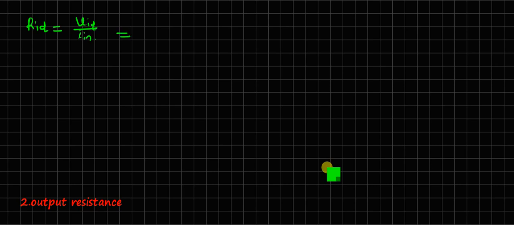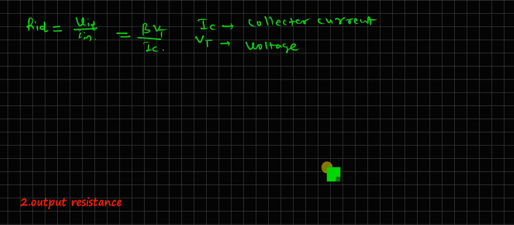In terms of transistor parameters, it is given as beta VT divided by IC. What is IC? IC is the collector current of the transistor. So we are going inside the IC and talking about the transistor. What is VT? It is the voltage equivalent of temperature.